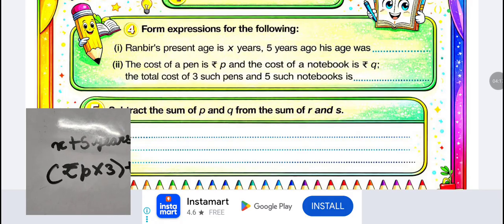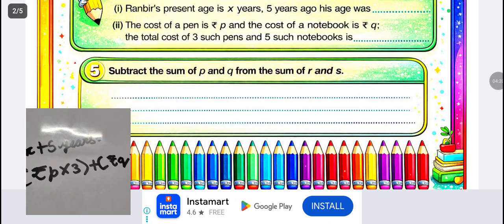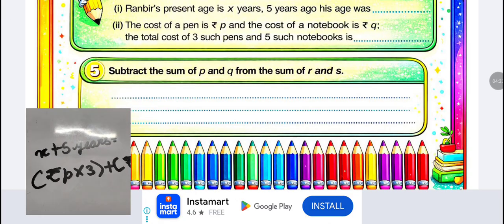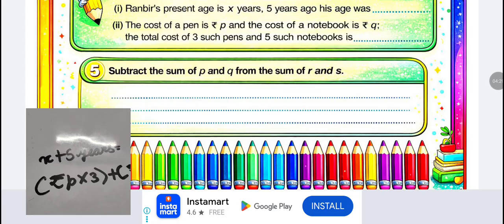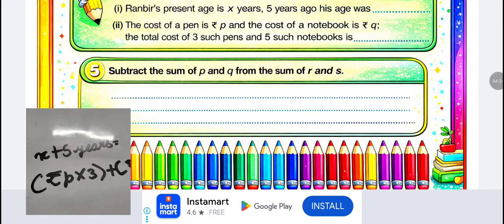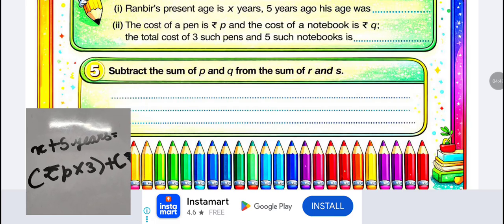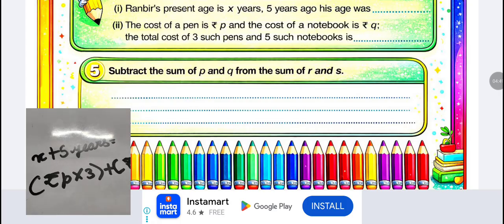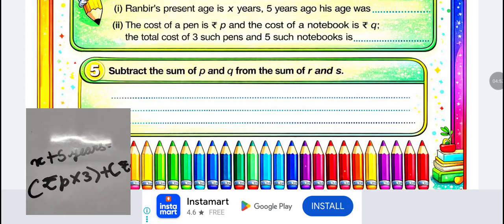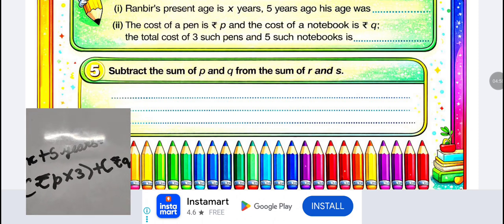Now we will do the next one, which is smaller, I know. Subtract the sum of P and Q from the sum of R and S. In this question there is both sum and subtract, so we will add P and Q, then subtract from the sum of R and S. There is 'from', and the part of the statement that comes after 'from' comes first, and the part before 'from' comes after.